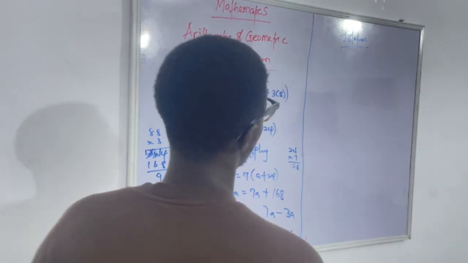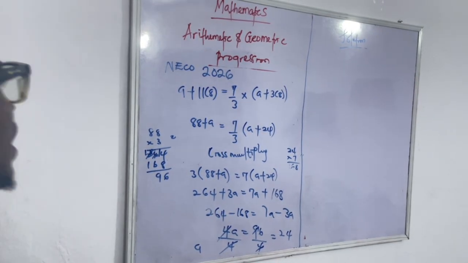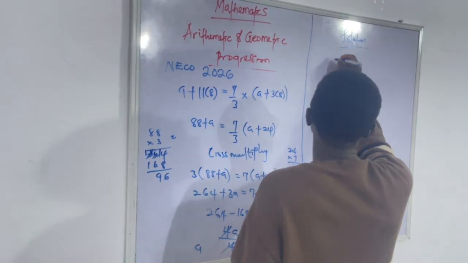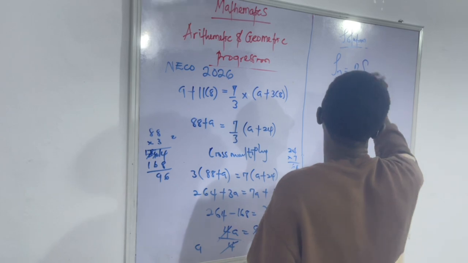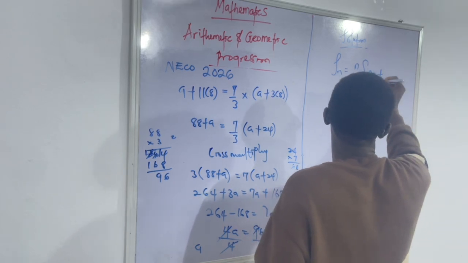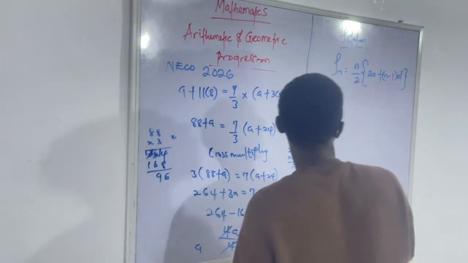Okay? So looking for the sum of the first 9 terms, we know that the formula is given as Sn equals n over 2 open bracket 2a plus n minus 1 d close bracket.